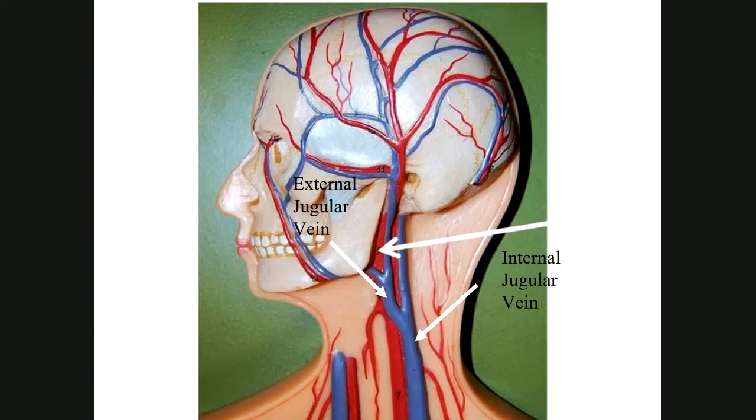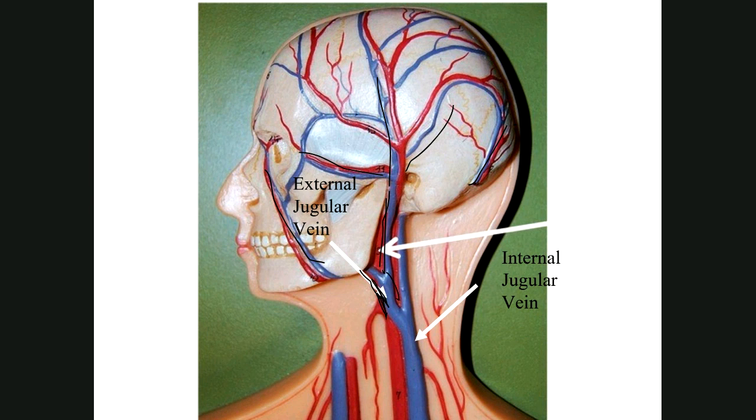We're also going to drain the brain and the face. So from the face, we're going to have these veins, and they're going to come into this. This is the external jugular right here.